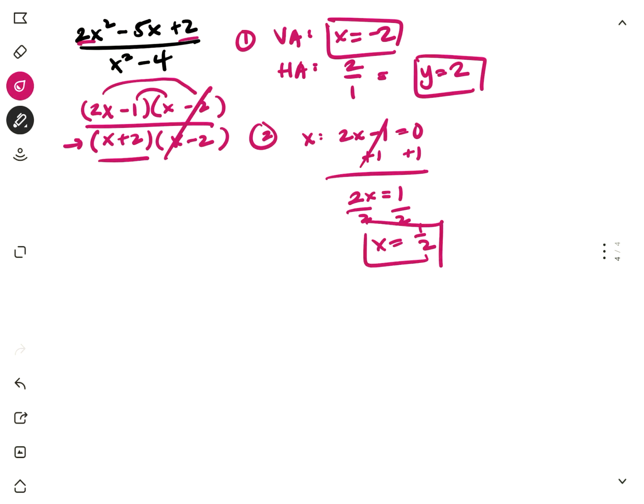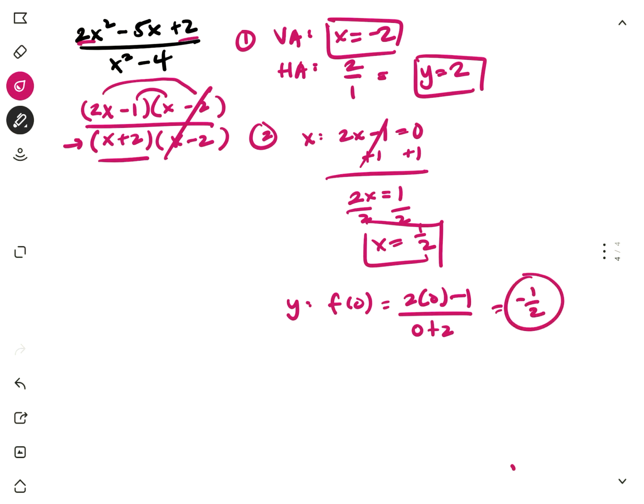That's our zero. And then for our y-intercept, we're going to do f of 0, right? So f of 0, which is 2 times 0 minus 1 over 0 plus 2. 2 times 0 is 0 minus 1 is -1 over 2.